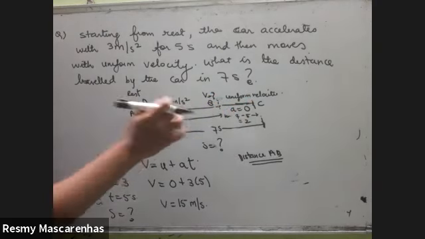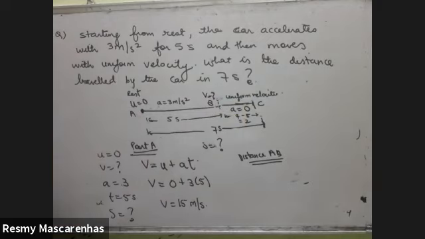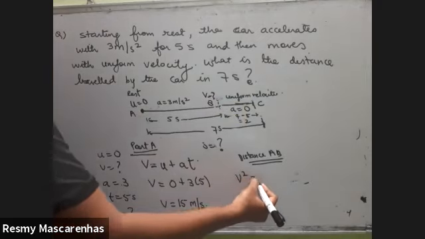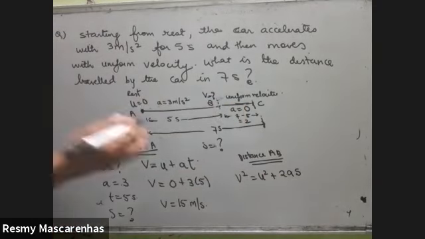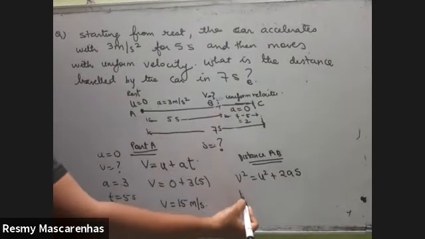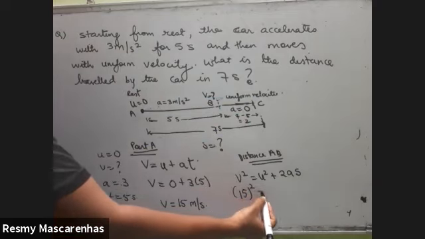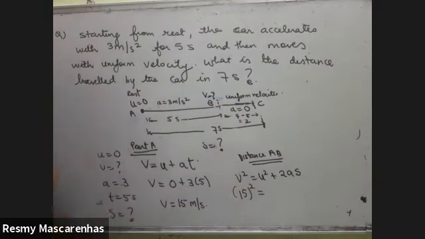From A to B, any distance formula you use, v square is equal to u square plus 2as you can use. Now we just got v, so v square is 15 square. u is anyway 0.